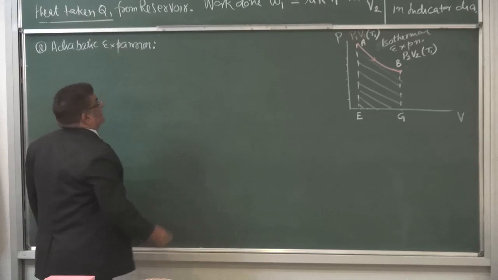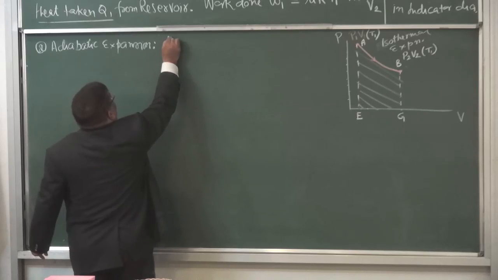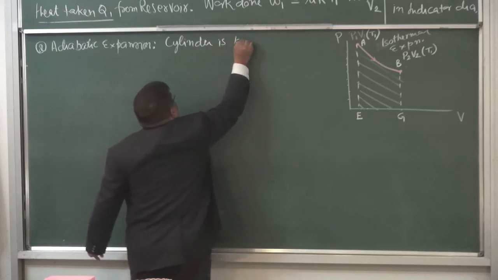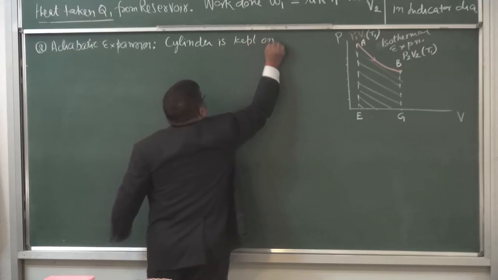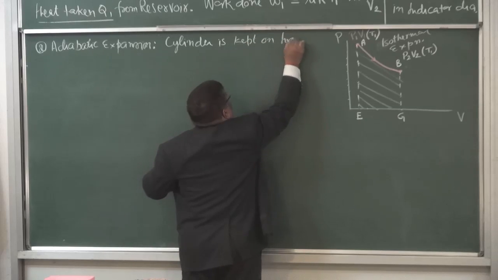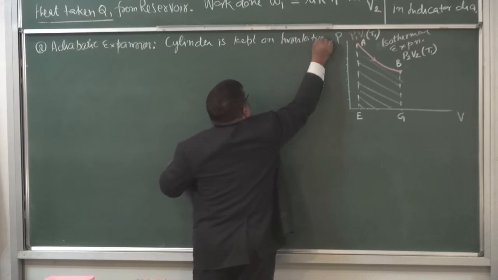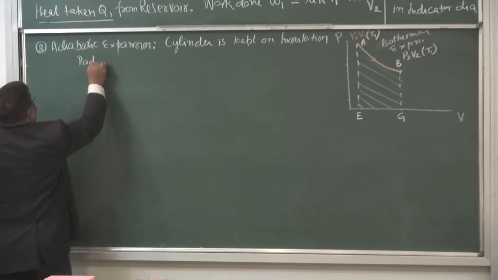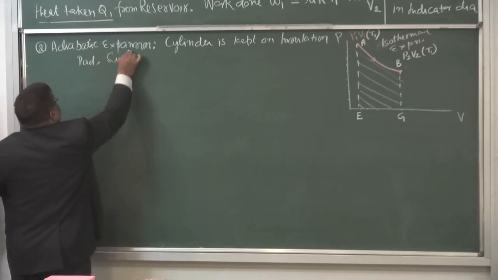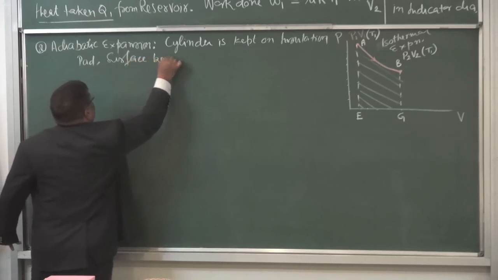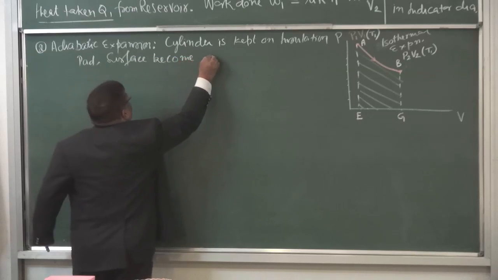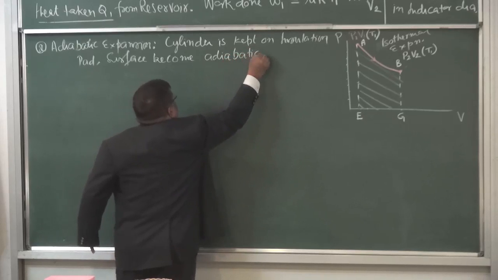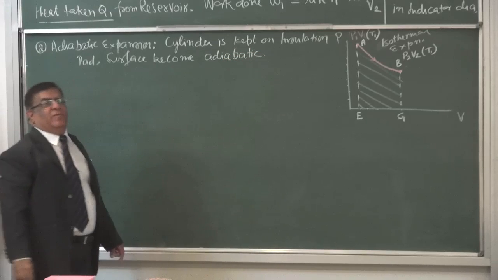Where does it take place? The cylinder is kept on an insulation pad. The surface becomes adiabatic. Heat cannot leave or heat cannot come.